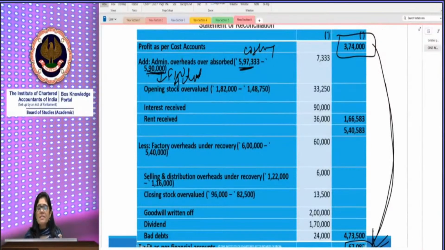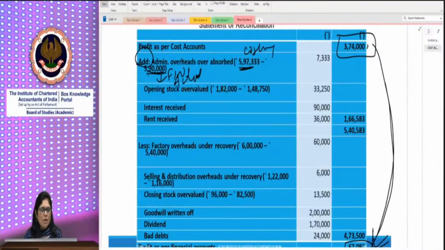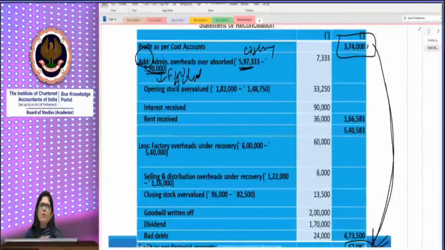That means 7,333 you have over absorbed. You have overcharged. Because you have overcharged, it must have reduced your profit. So add it back. Add the overcharged overhead. You have overcharged the admin overhead in costing. That has reduced your costing profit. Add it back.